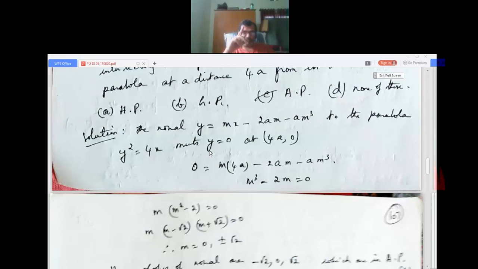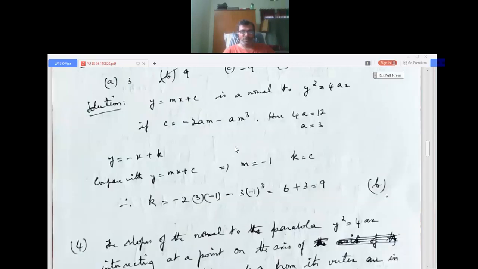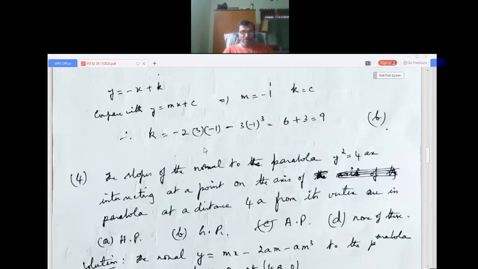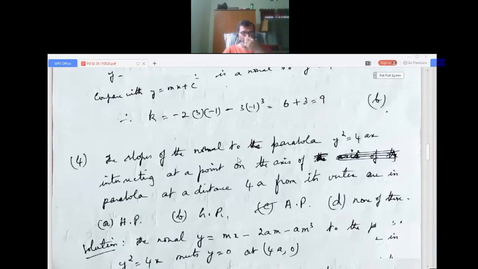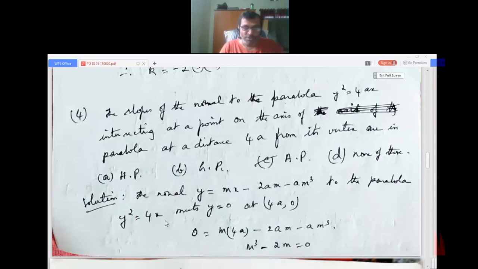Suppose it is intersecting the x-axis, then y squared equals 4x meets the normal, equation is this. Just now I told you. So y equals mx plus c, but the c value is minus 2m minus am cubed. So the parabola y squared equals 4x meets the axis, I will take x-axis y equals 0, at a distance of 4a from its vertex. So it's a point on the x-axis, so y coordinate is 0. So 4a comma 0.